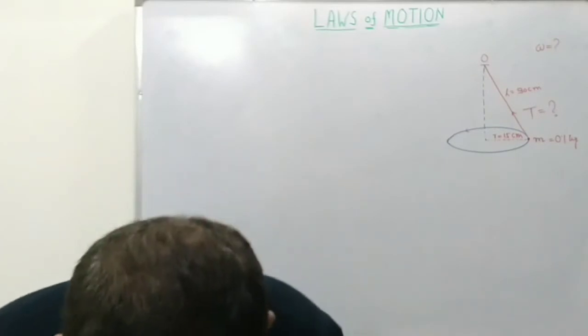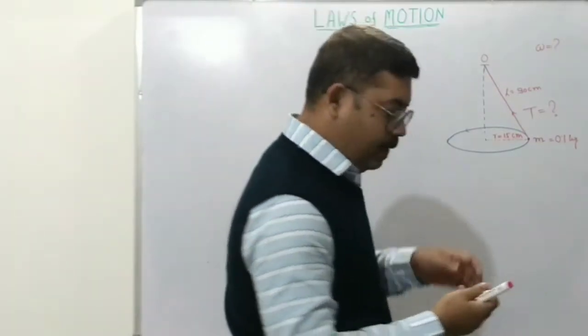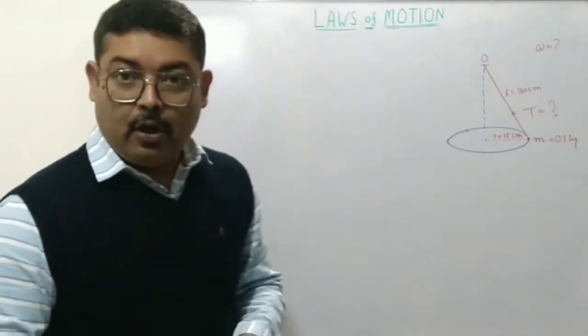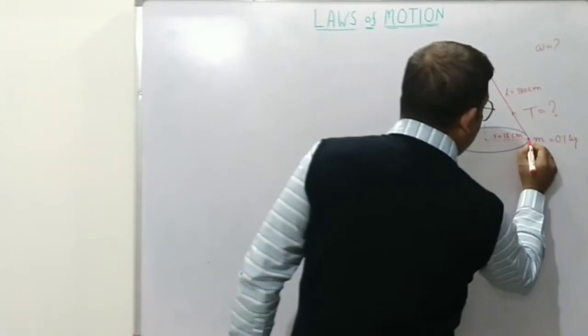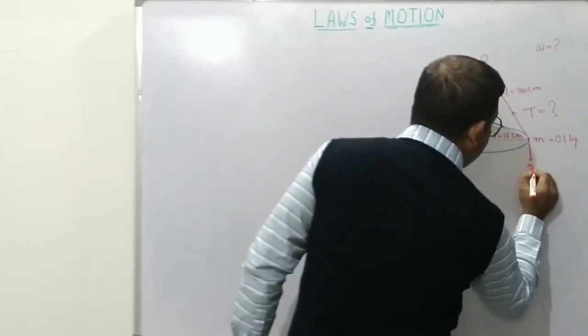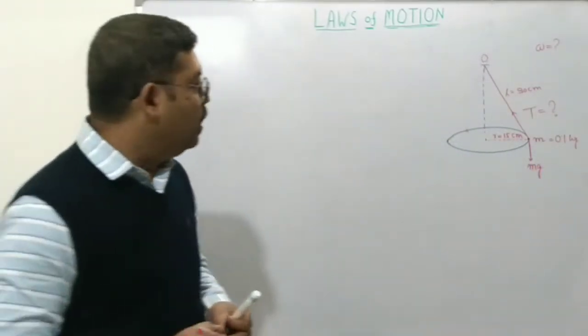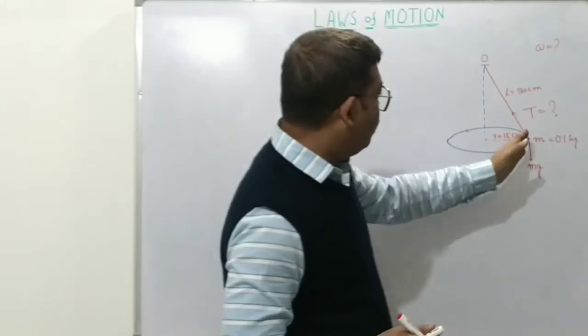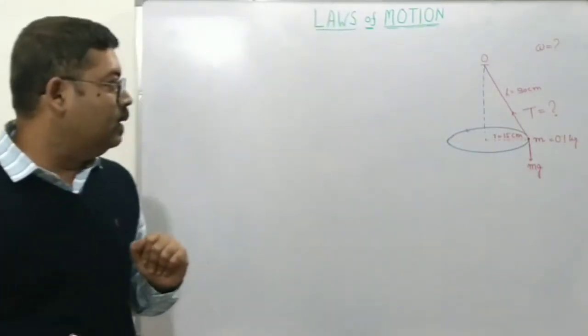Now, to solve this problem, first we need to find the different forces acting on the object. It is pretty clear that there will be a weight acting vertically downwards, which will be equal to mg. And then there is another force acting along the string, that is the tension in the string, which we are supposed to find.